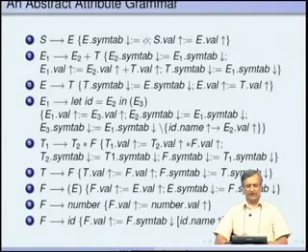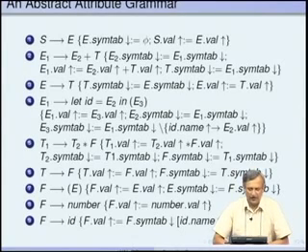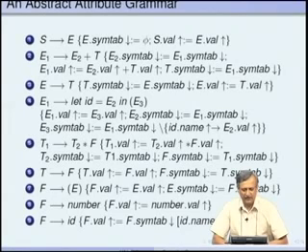The attributes with a down arrow in front of them are inherited attributes, and the attributes with an up arrow in front of them are synthesized attributes. For example, in the first production, E dot sim tab is inherited and S dot val, E dot val are both synthesized.